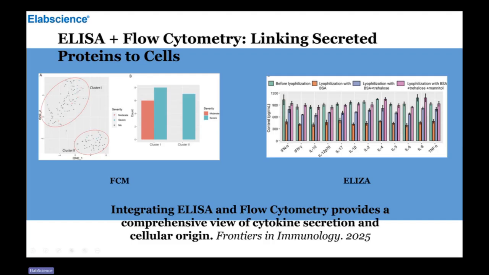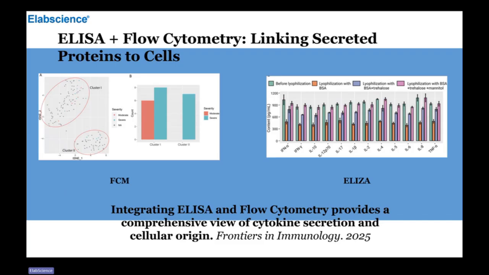So to conclude this section, we have to carefully select the ELISA kit and use proper experimental execution, which is essential for accurate and reproducible results. Integrating ELISA with complementary assays such as qPCR, Western blot, and flow cytometry enhances the data reliability by confirming the specificity and linking protein levels to the cellular sources.